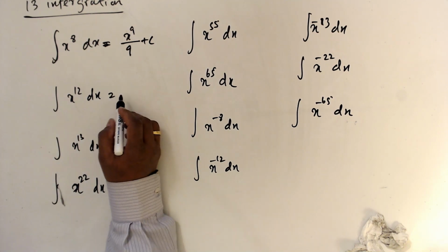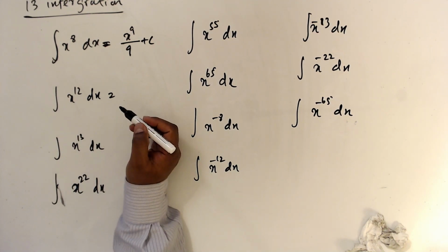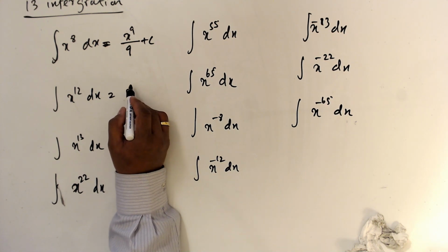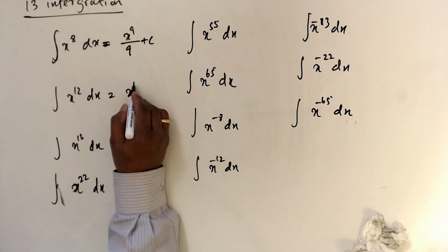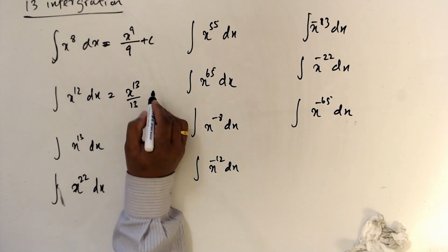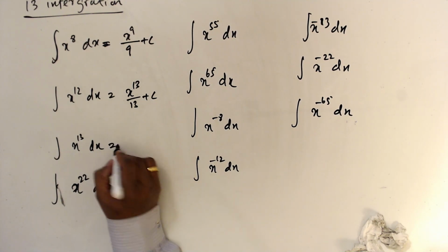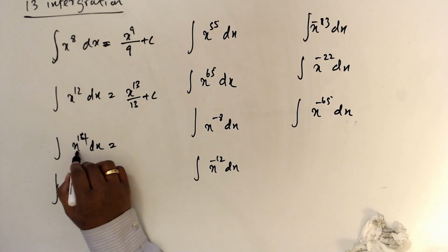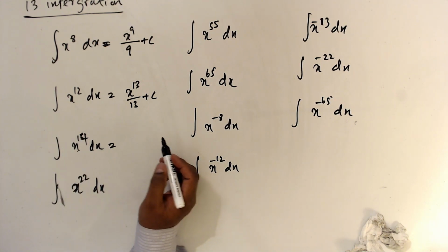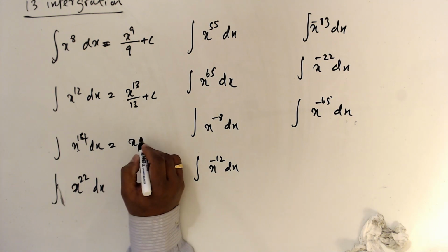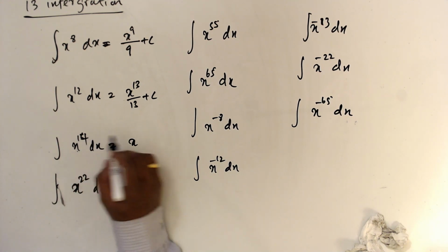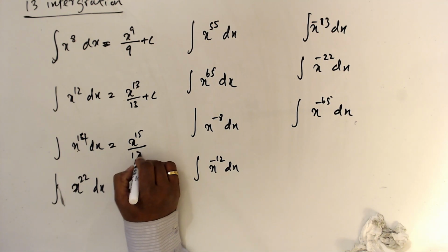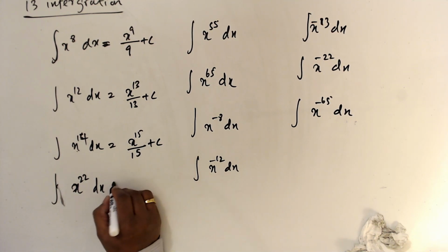Now this is x^12, then add 1, 12 plus 1 is 13, and divide by 13, plus c. Now this is x^14. So what is this one then? Add 1, 14 plus 1 is 15, over 15 plus c.